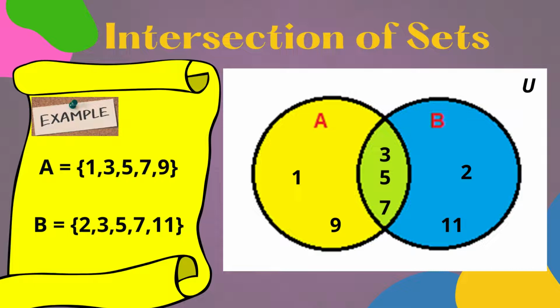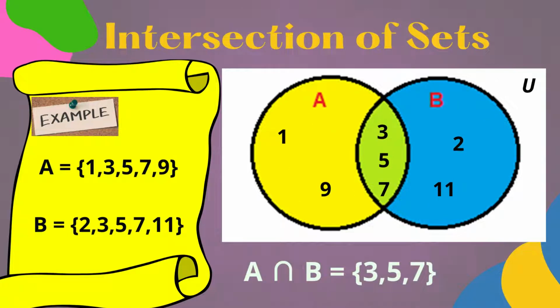These are elements of both set A and set B. After that, write the remaining elements that belong to set A and set B. Therefore, the intersection of sets A and B equals {3, 5, 7}. Again, the elements that are common to both sets are their intersection. So our final answer here is set A intersection set B equals the elements 3, 5, and 7.